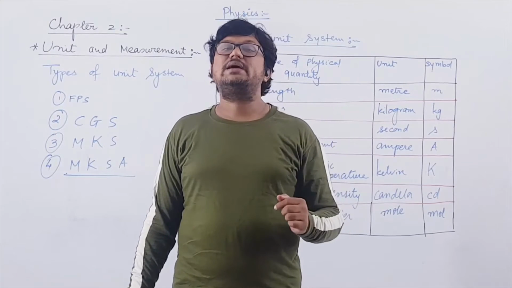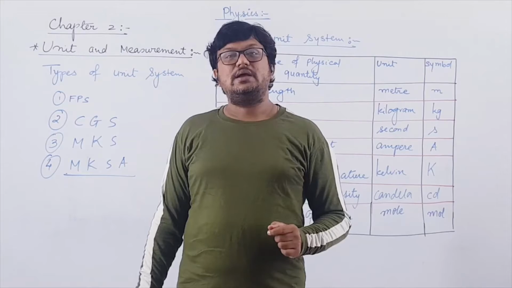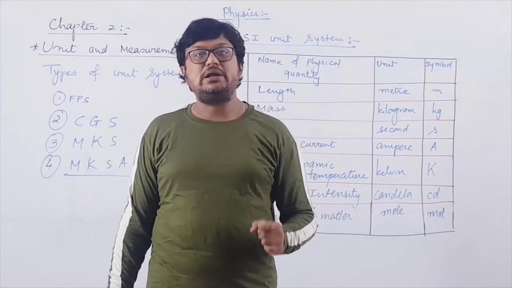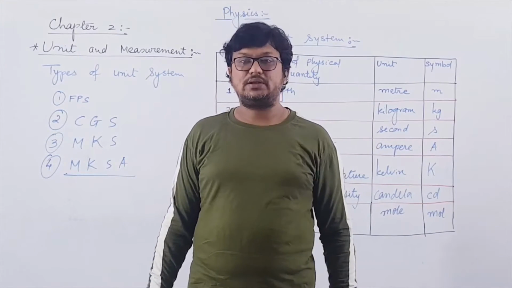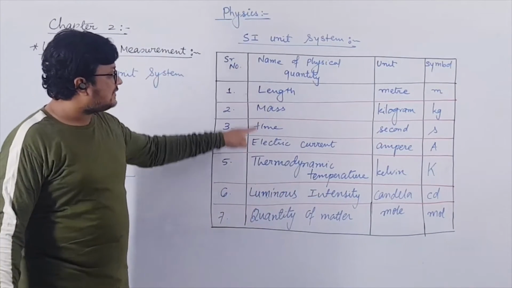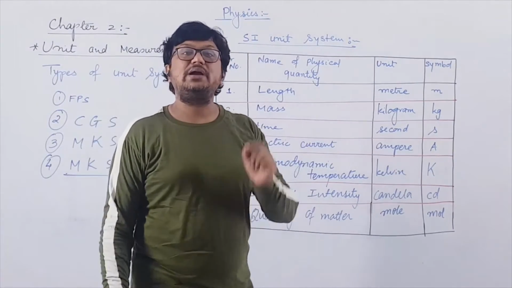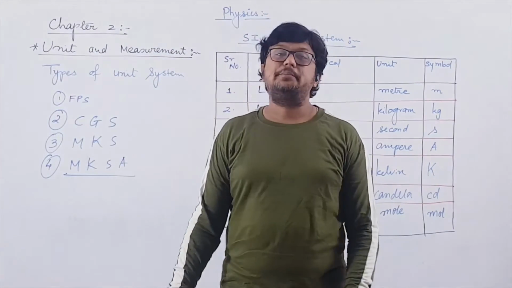They selected 7 physical quantities, their symbols and units, and these 7 physical quantities combined are known as the SI unit system, right? Remember, all the physical quantities present in the SI unit system are known as fundamental physical quantities or base quantities.